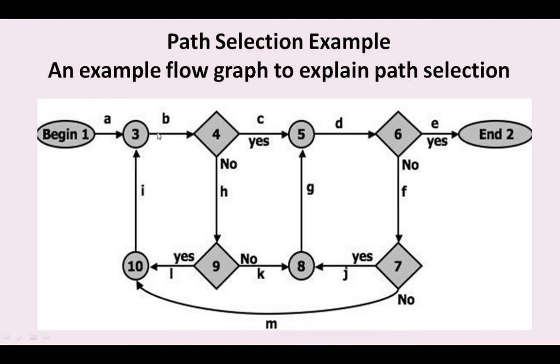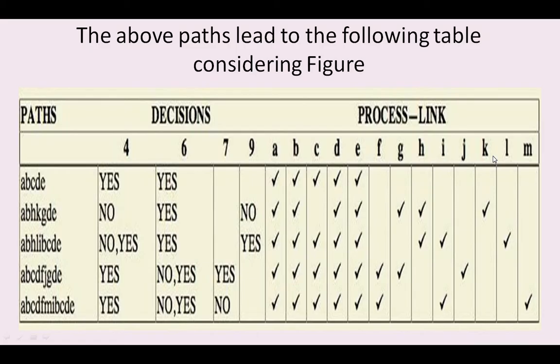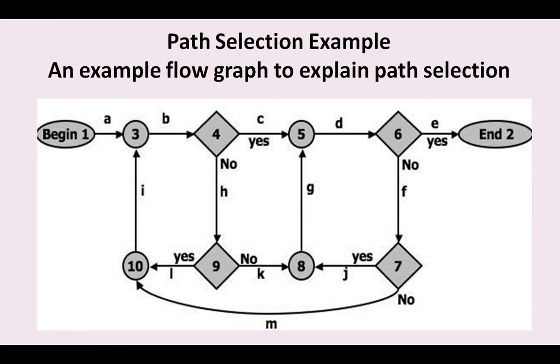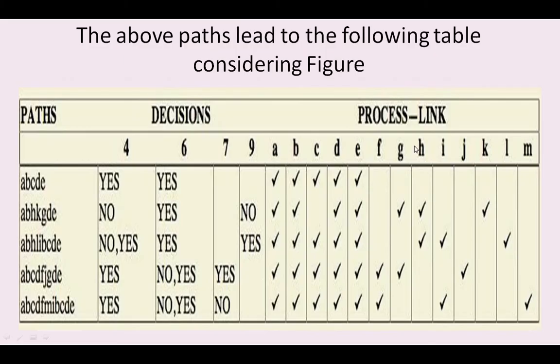A link is there, B link is there, obviously C link is there, D is there, and E is there. So for node number 4, it is a decision node. It has the yes value in this path, and node 6 is also there. It has the yes value in this path. That's what it is showing. For node number 4 it is yes, and for node number 6 it is also yes. And what is the process link coverage here? A, B, C, D, E.